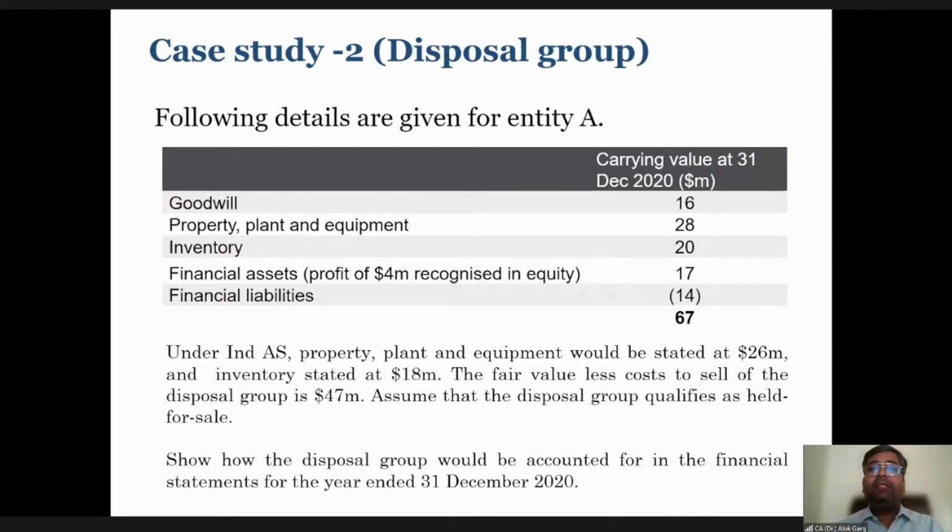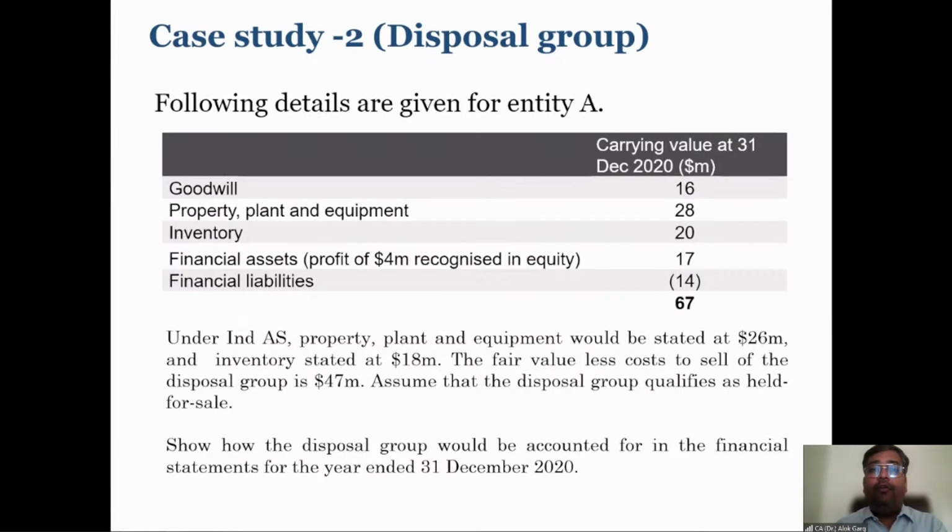Now let's discuss the disposal group. We will discuss with the help of this example. Following details are given for entity A: goodwill, property, plant and equipment, inventory, financial asset, financial liabilities. And there is a carrying value on 31st December of this goodwill, PPE, inventory. This is a current asset.